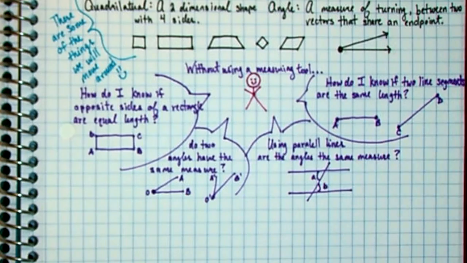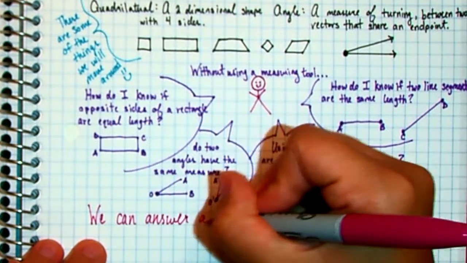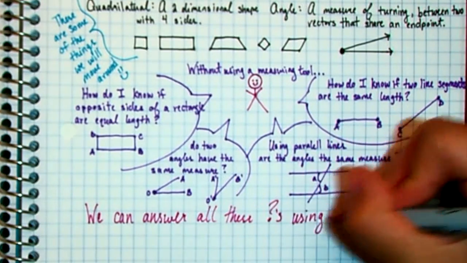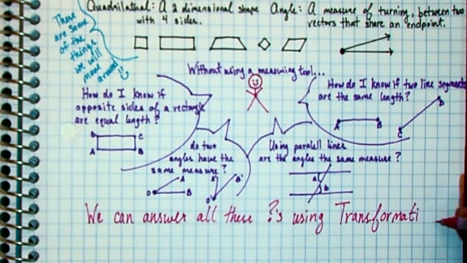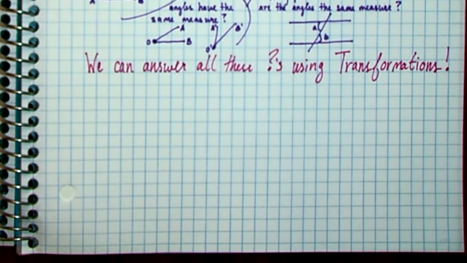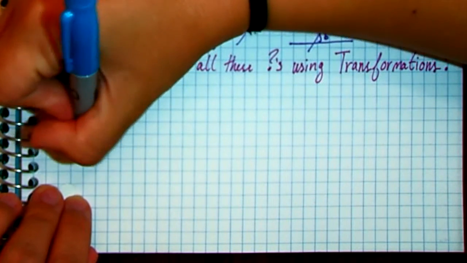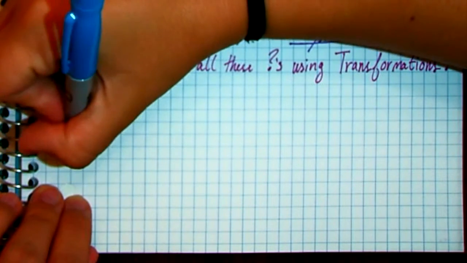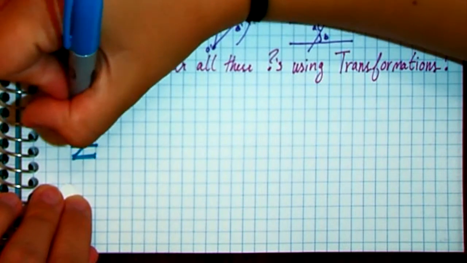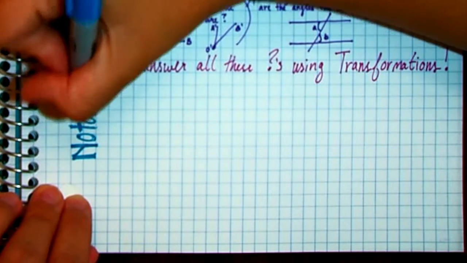So what's really great is that we can answer all of these questions using a transformation. All we need to do is make sure that we are keeping the properties of a transformation in mind when we're working with them. In order to do that, just like in any area of math, we need to use the proper notation. Notation is mathematical symbols like a plus sign or a minus sign.